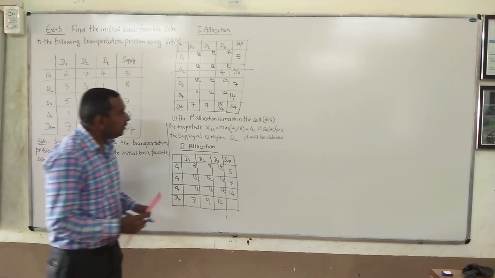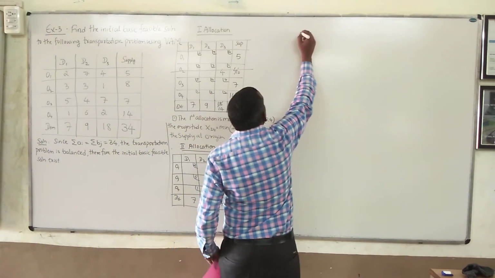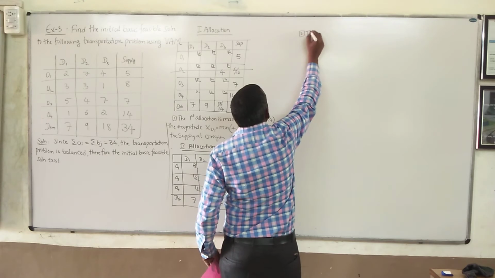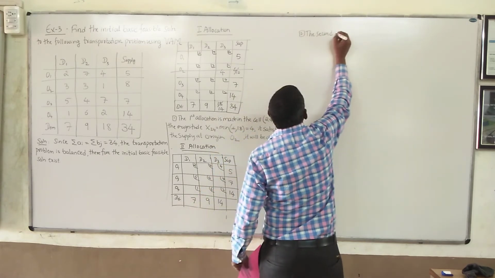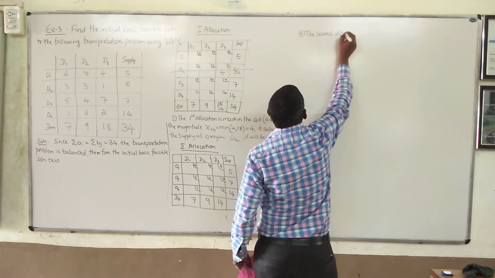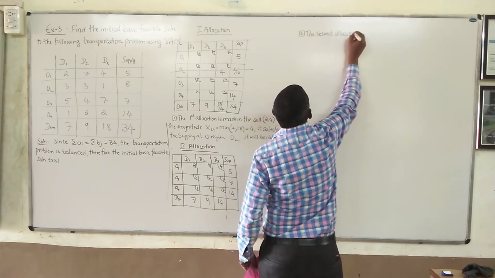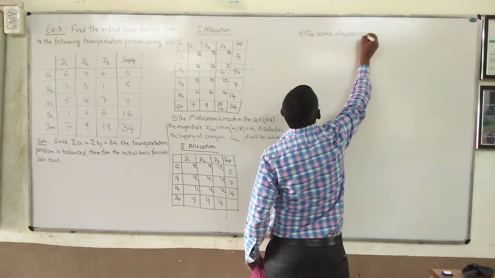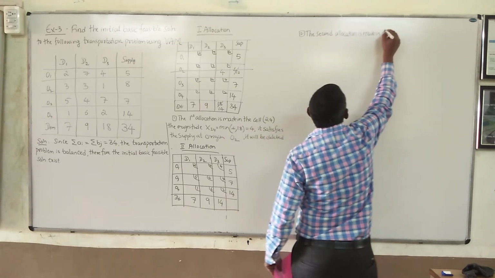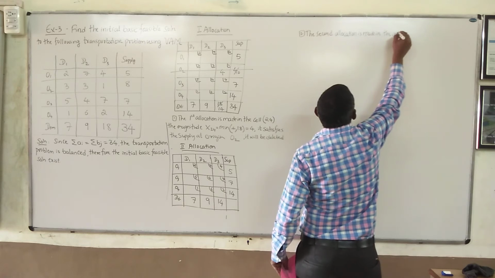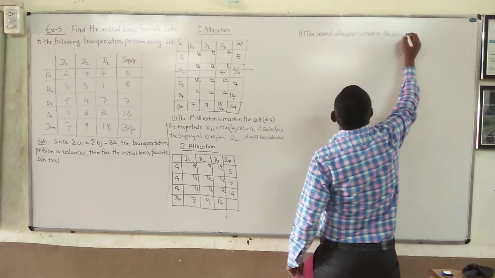Here the second allocation is made in the cell.